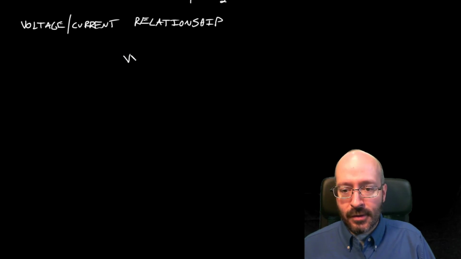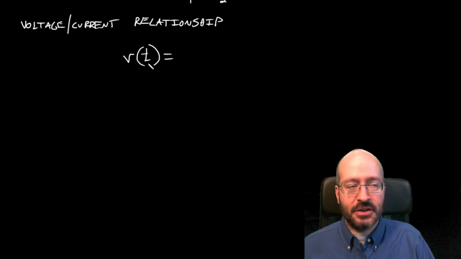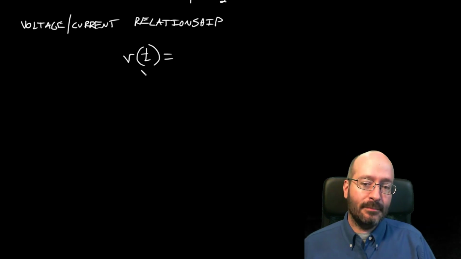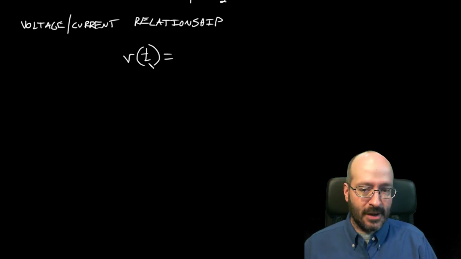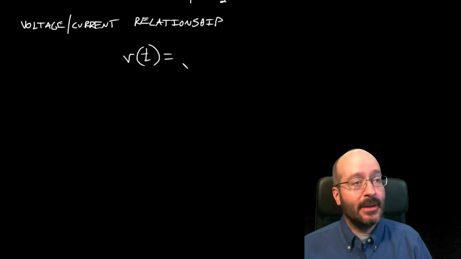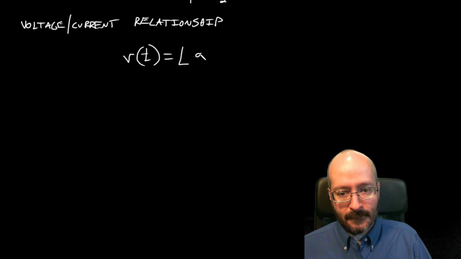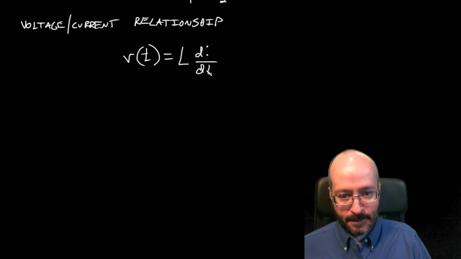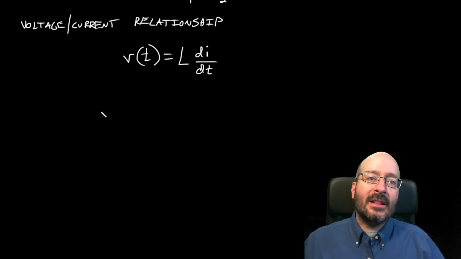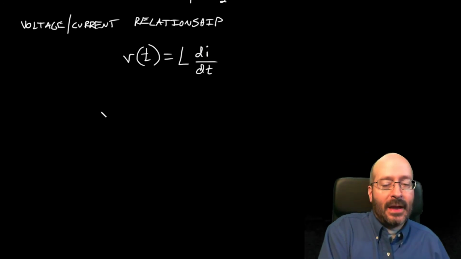So for this one, the voltage as a function of time, so this is a time domain function, so go back to your pre-cal, the domain of the function is time, is equal to the inductance L times the time derivative of the current. That's a lowercase i. It looks similar to the capacitor equation.